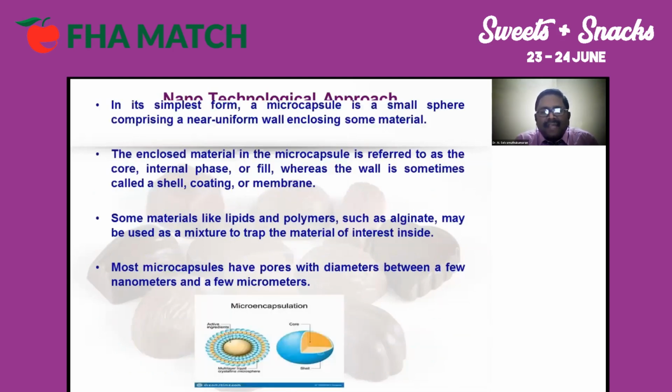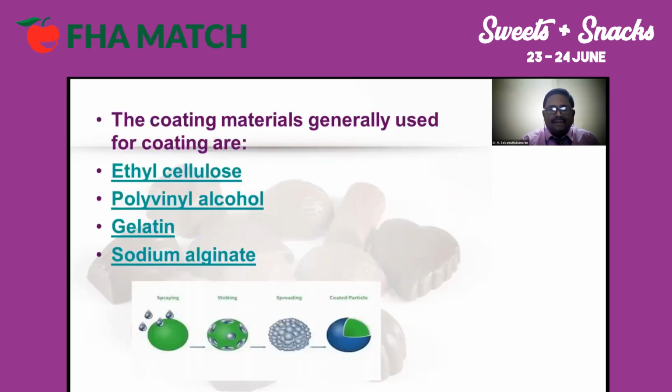Now you can see the diagram. At the center is the core particle, the active ingredient, that is your phytosterols, which is coated with polymer film materials, the outer layer, or the shell, surrounded by small nanostructured particles. Here we can use polymers like alginate, which is sodium alginate, commercially used, so that we can increase the functional properties.